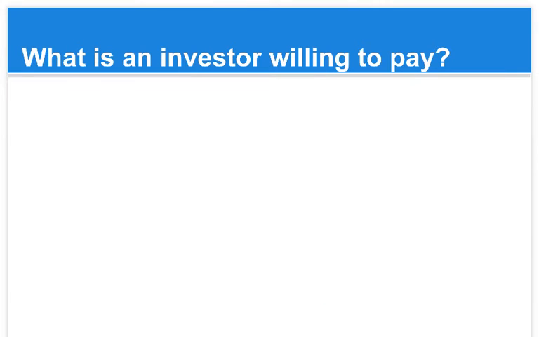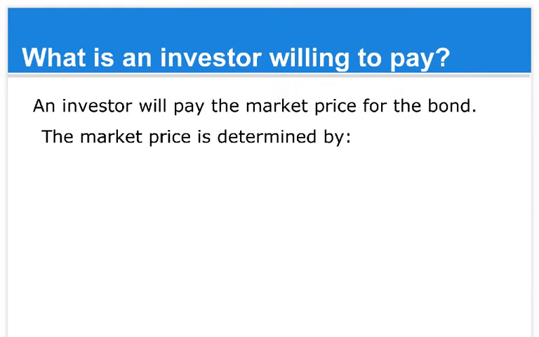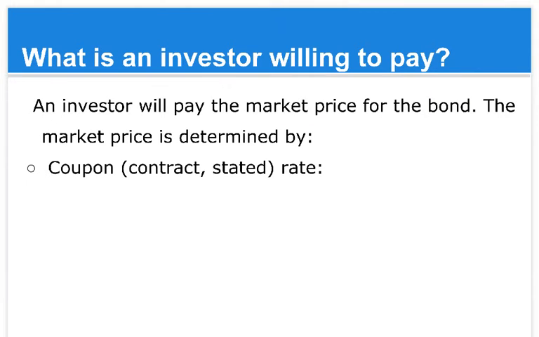So if these bonds can be issued at different prices, what price is an investor willing to pay? Frankly, an investor will pay the market price for the bond. And the market price is going to be determined by a few factors. The first such factor is the coupon rate. Remember, that can also be called the contract or the stated rate.